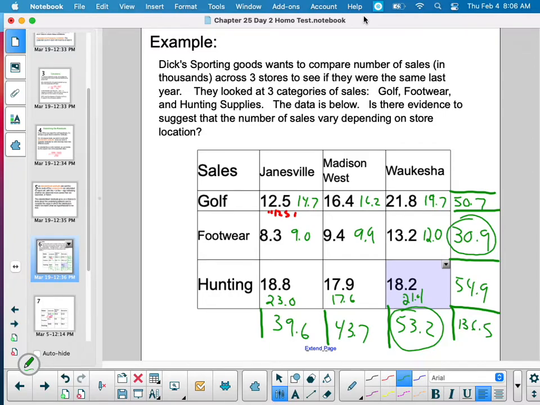Well, this is a little confusing. They're the same dimensions. I know they have to be the same dimensions, otherwise it wouldn't work.